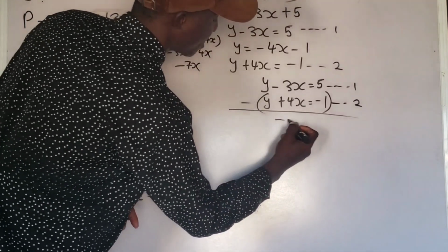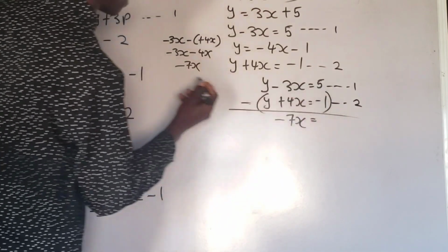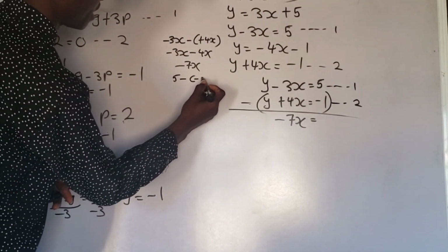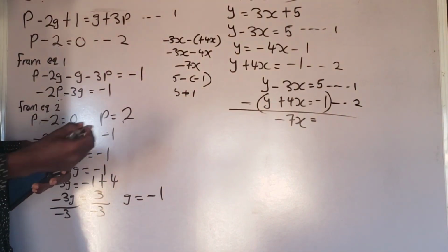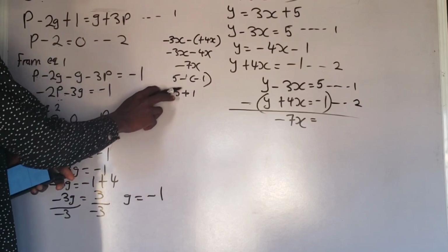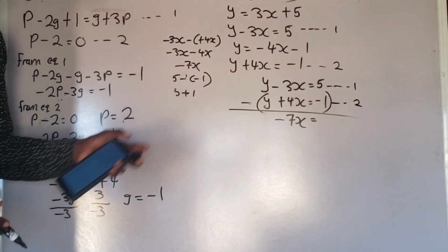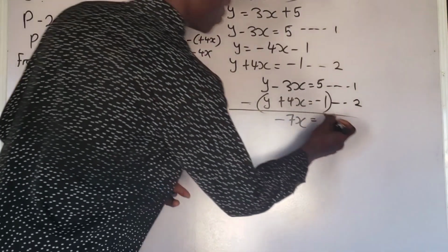So negative 7x equals 5 minus negative 1. If you take the product of negative 1 and this negative, I'm going to have positive, so I'm having 5 plus 1, and 5 plus 1 is 6. So negative 7x equals 6.